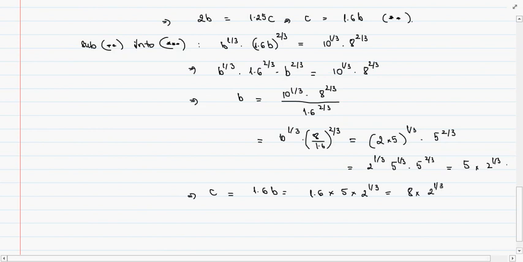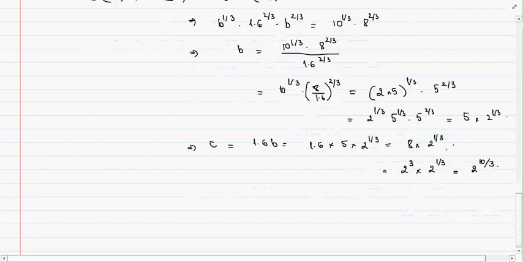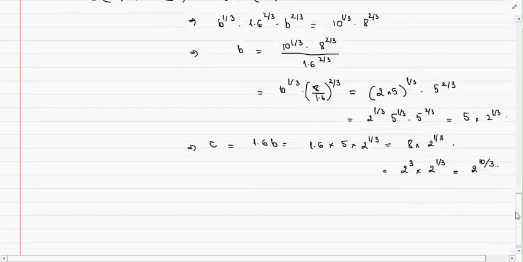Alright, and sorry, A is just going to be 2^3 times 2^(1/3), and that is just 2 to the power 3 plus 1/3, which is 10/3. You don't have to do this, you can just leave it like this, it's fine. Okay, it's just basically a number. If anyone is using the calculator to get a number here, that is totally fine.